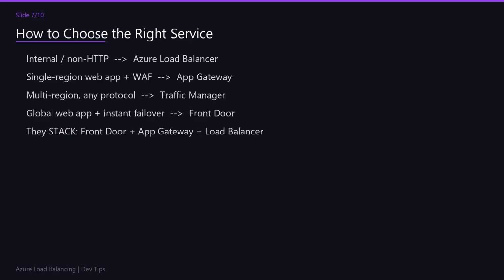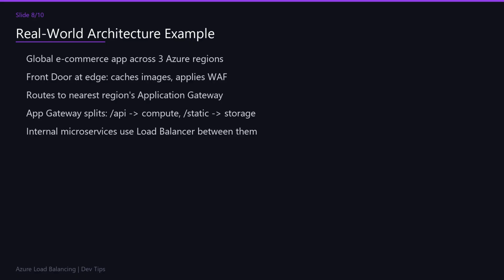You are running a global e-commerce site deployed in US East, Europe West, and Southeast Asia. Azure Front Door sits at the edge. It caches your product images, blocks malicious requests with WAF, and routes each user to the nearest healthy region. Inside each region, Application Gateway receives the traffic and routes based on URL path.